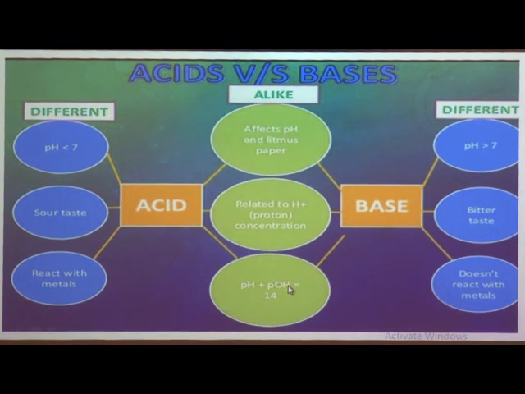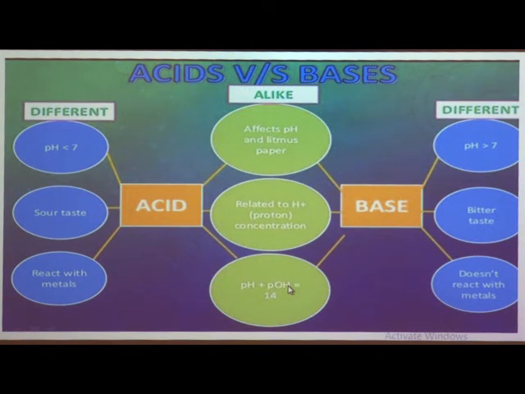Today we are going to learn about those substances which are neither acids nor bases. What is the name of these substances? In our last session I told you that those substances which have neither acidic nor basic properties are called neutral substances.